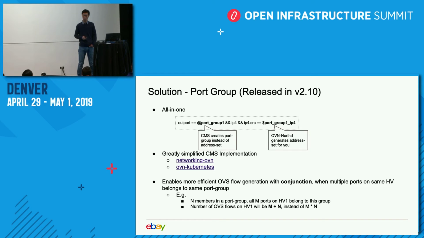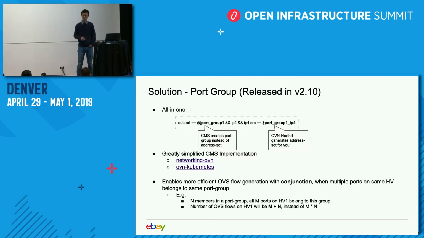Our solution here is the port group, which was already released in 2.10. With this port group feature, the CMS, the Kubernetes plugin and the Neutron plugin only need to write one rule to represent the scenario we just mentioned. You have the port group name, and OVN northd will generate the address set automatically for you.